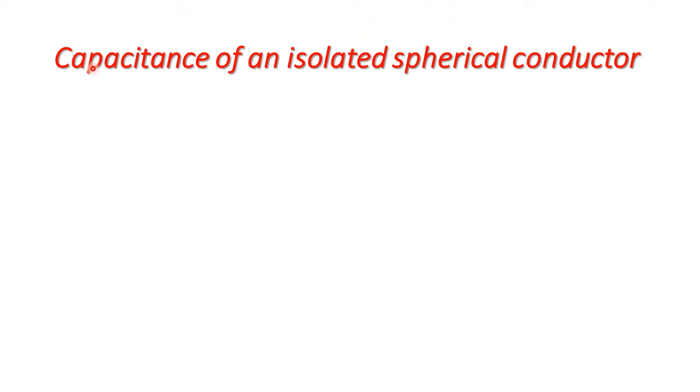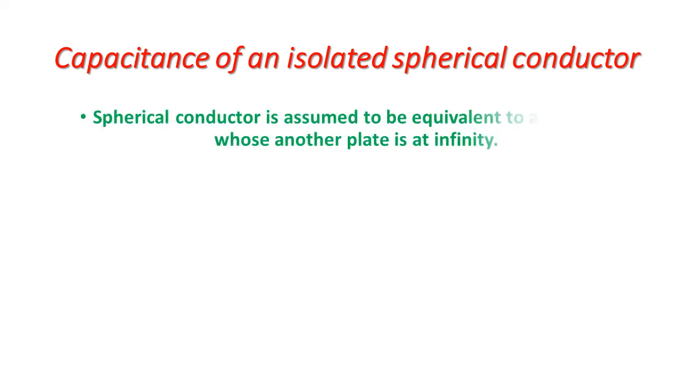Now let us understand how much charge is stored by an isolated spherical conductor. A spherical conductor is assumed to be a capacitor. It is equivalent to a capacitor whose other plate is at infinity.